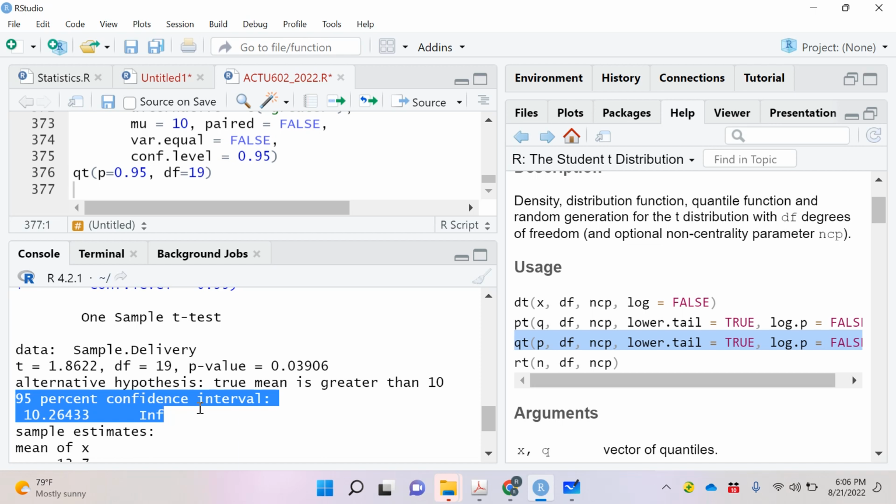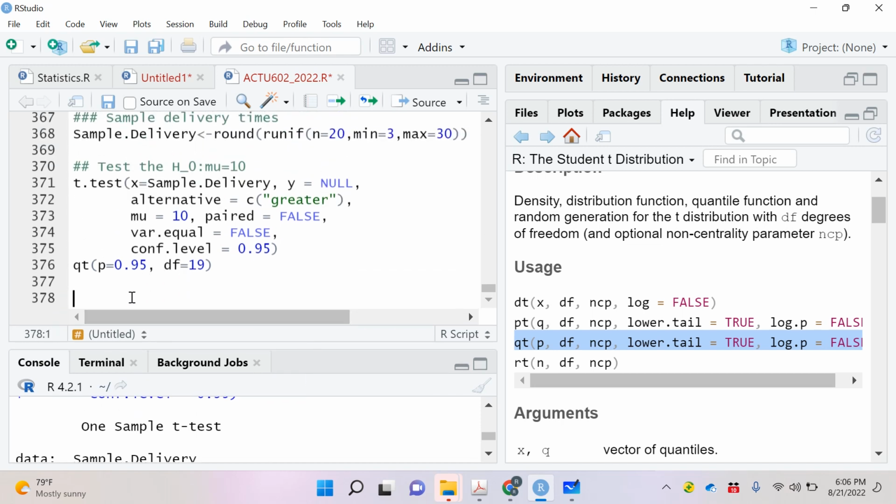Does it enclose our 10 minutes? No. So we reject the null hypothesis. Whichever one you use, you should come to the same conclusion. You can either use a p-value, or use your test statistic and read its counterpart from tables, or you use the interval. Is that okay? So that's the one sample.